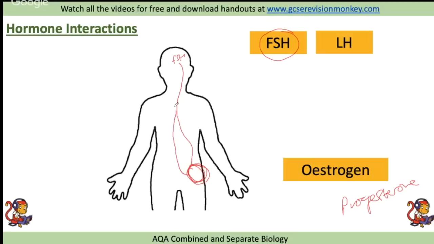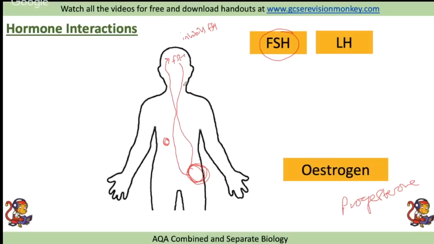The estrogen then travels through the blood to the pituitary gland. So I'll just put O for estrogen. And that actually says stop to the FSH. So the estrogen inhibits the FSH because you only want one egg to mature. If you had lots of FSH, you'd have lots of egg maturing, which is not what you want in the menstrual cycle.